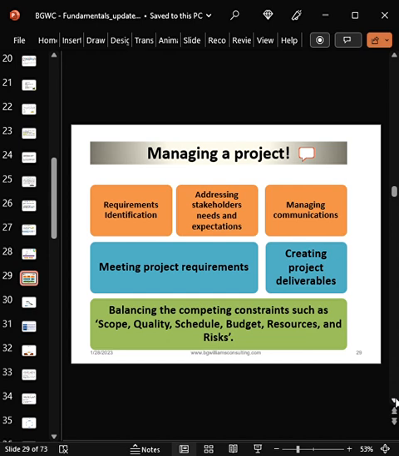When we are dealing with resource management, you know what to do to ensure that your resources are working as expected. Okay, so in managing a project, you see that basically everything we've said covers this aspect. You must identify your requirements, address stakeholders' needs, ensure that there is good communication, ensure that you are meeting those requirements and all that.